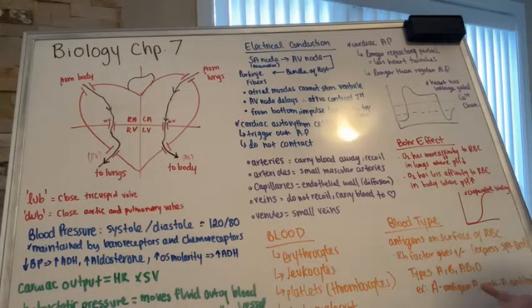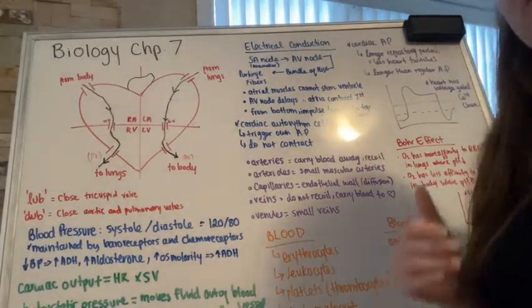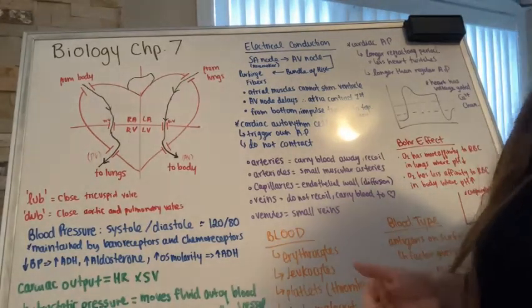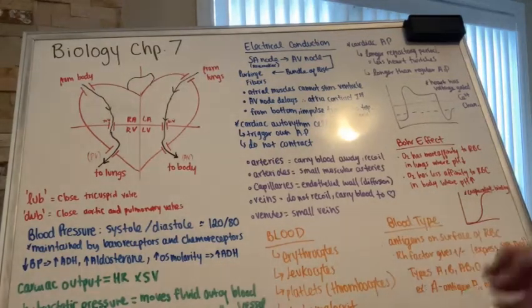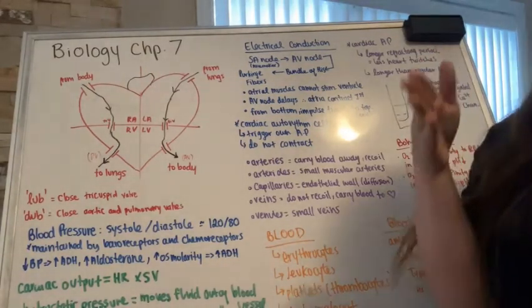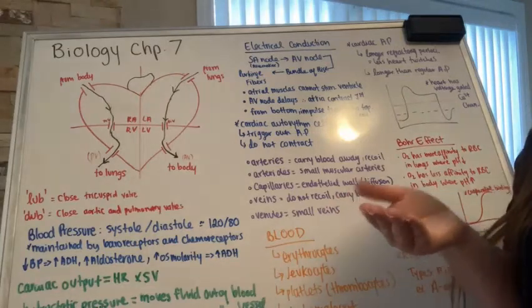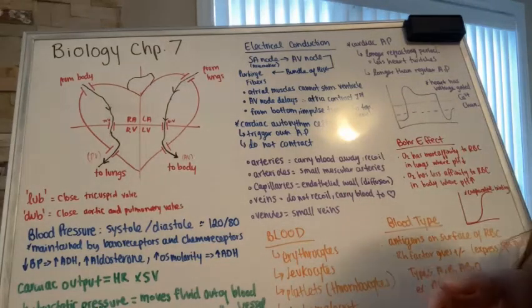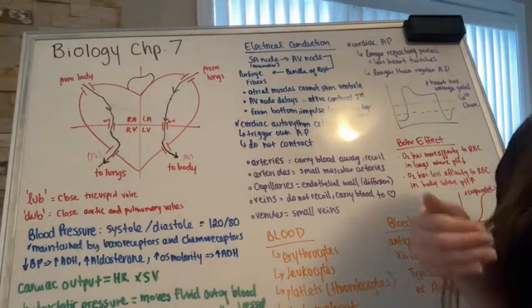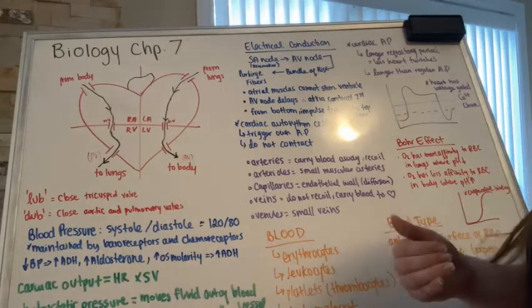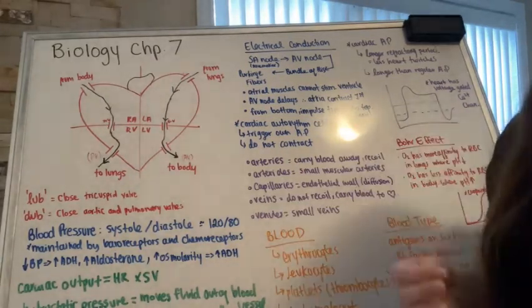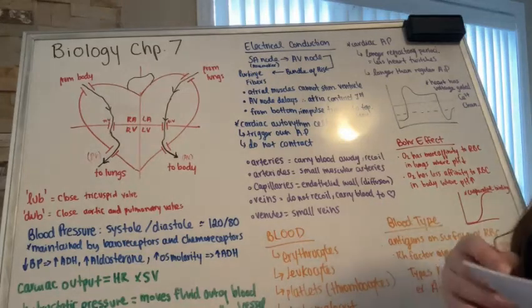If somebody has type A blood, they will have A antigens on the surface of their red blood cells, and that means that their body will produce anti-B antibodies. Somebody with type A blood is able to donate to somebody with type A blood or somebody with type AB blood, but that's it.